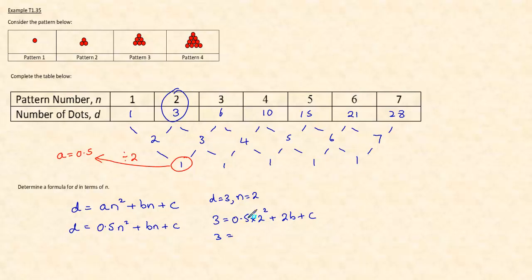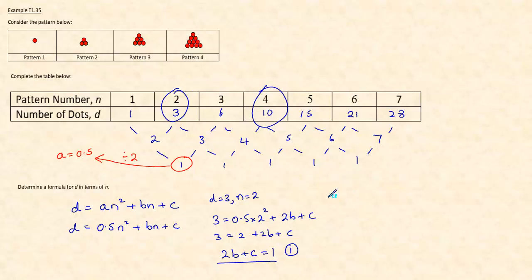So 3 is going to be 2 squared is 4, half that is 2, plus 2b plus c, which gives me that 2b plus c is equal to 1. Now let's call that equation 1.